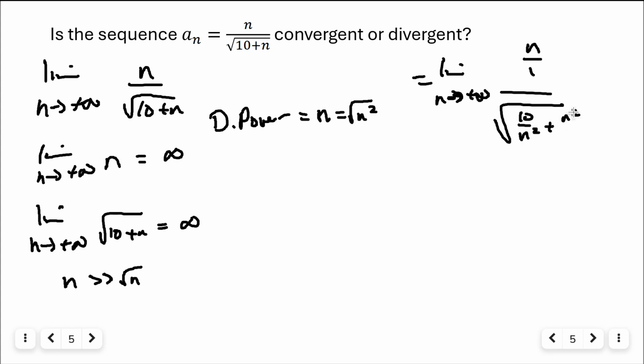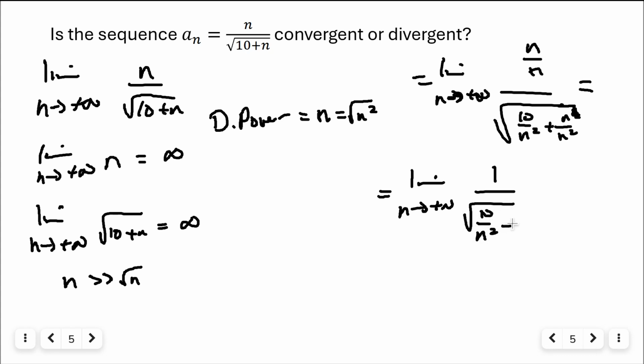And then n over n squared. There should be an n up top. So this is the limit as n goes to infinity of 1 over the square root of 10 over n squared plus 1 over n.